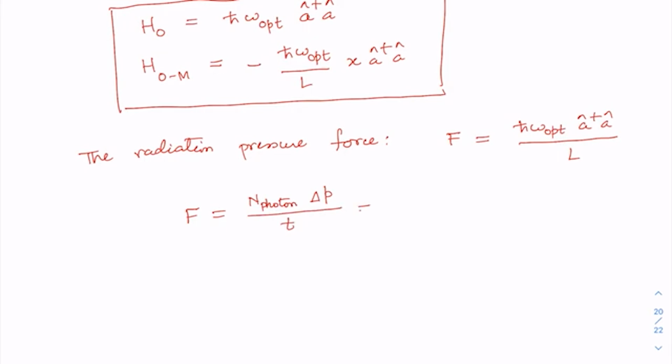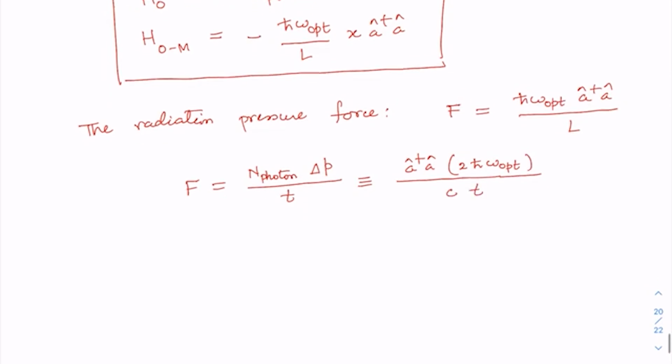Now what we have here, n photon, the number of photon is A dagger A, and delta p is twice h cross k, which I can write as twice h cross omega optical, the resonance frequency divided by c, and this time t.